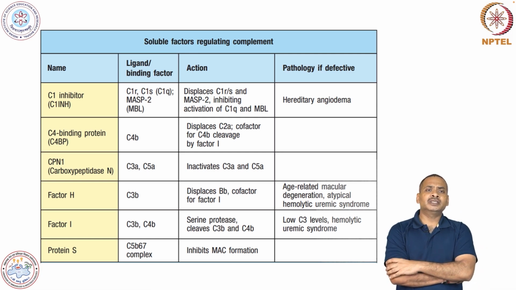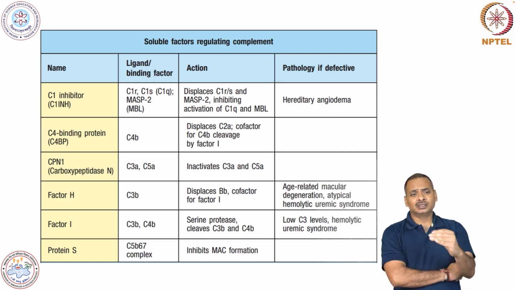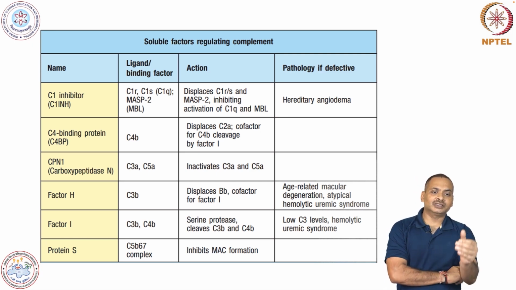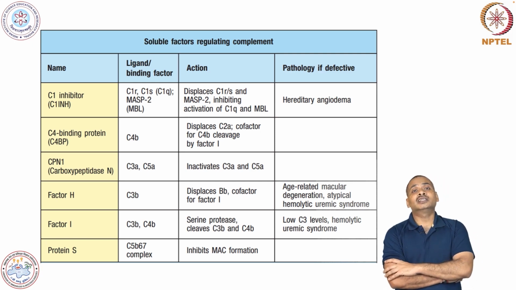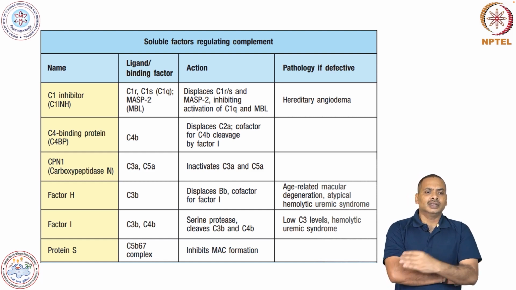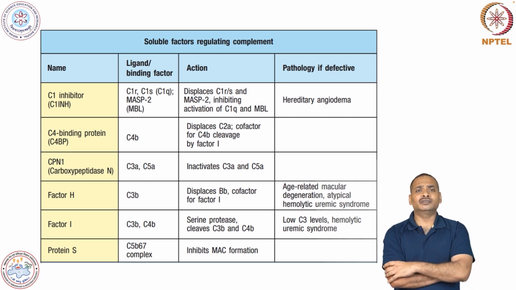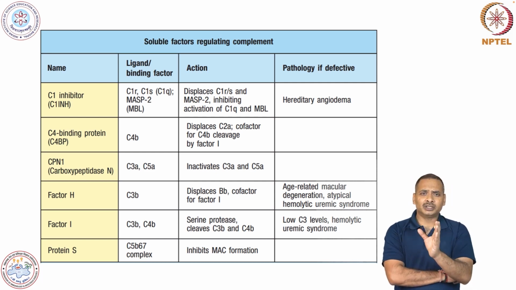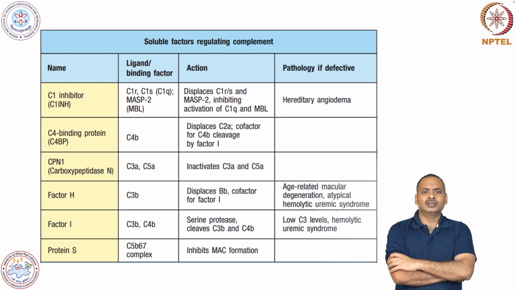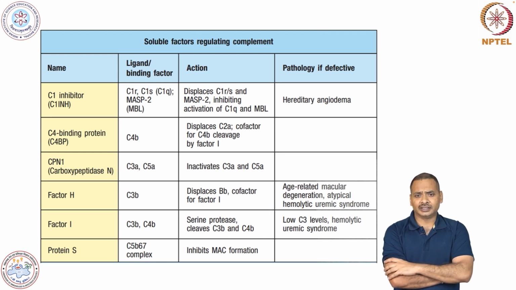Another is CPN1, which is carboxypeptidase N. The name clearly suggests that it cleaves C3a and C5a and makes them inactive. Another is factor H, which binds with C3b and displaces capital B small b, the larger fragment of factor B, and it is also a cofactor for factor I.